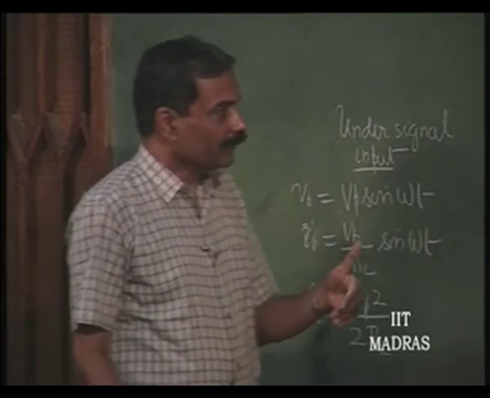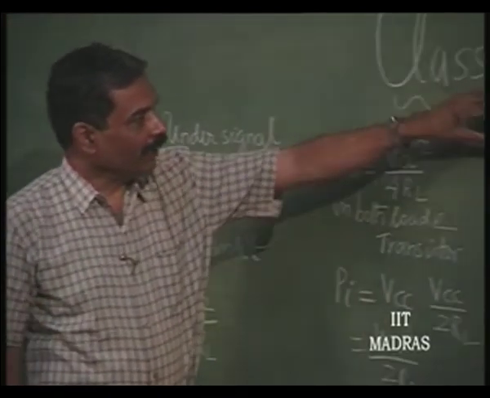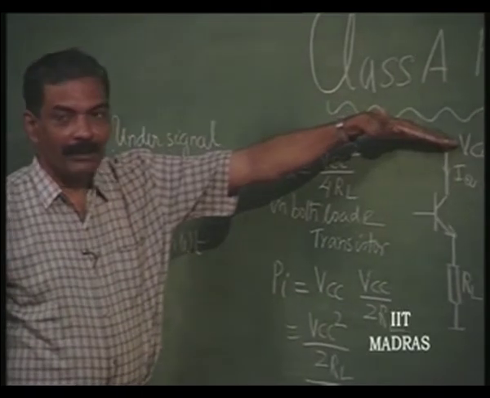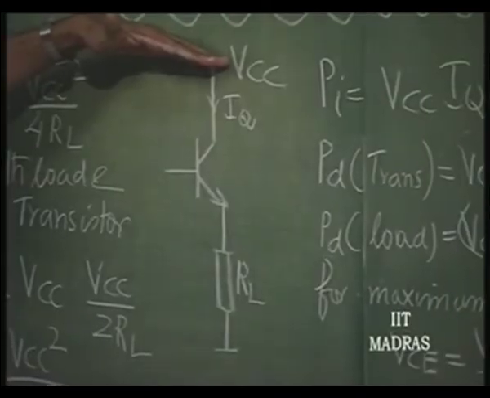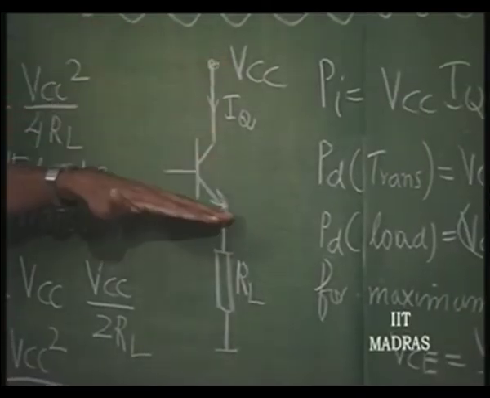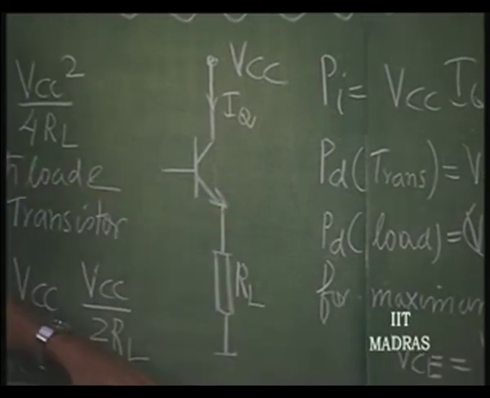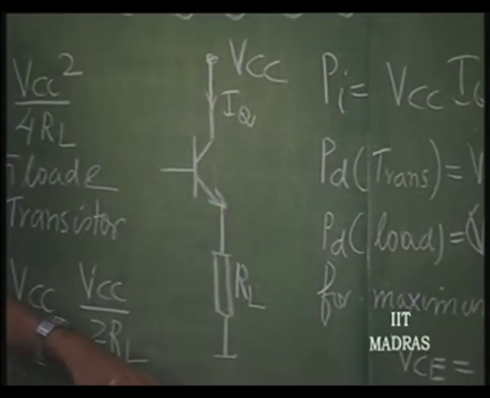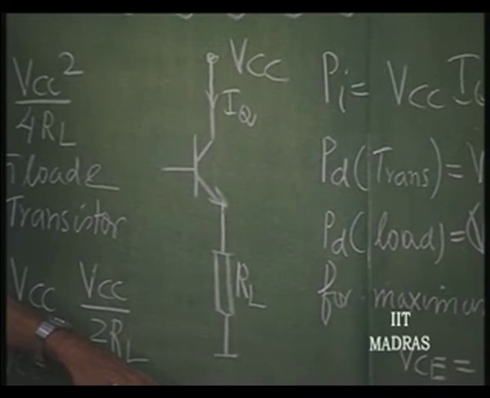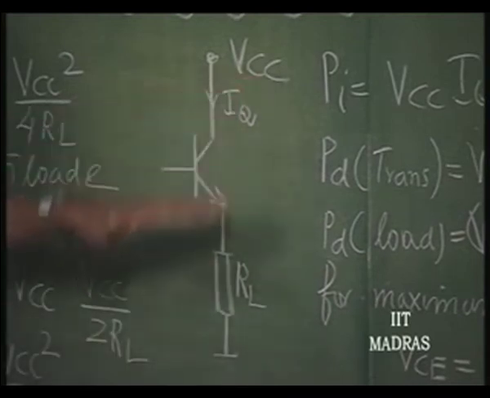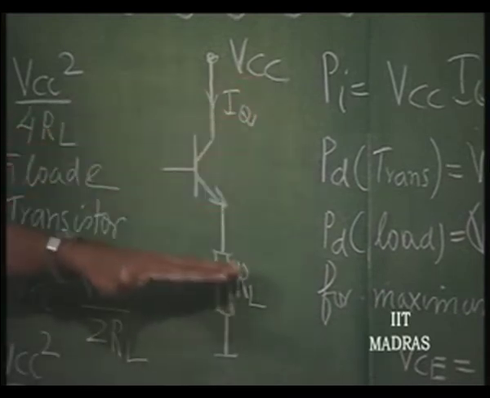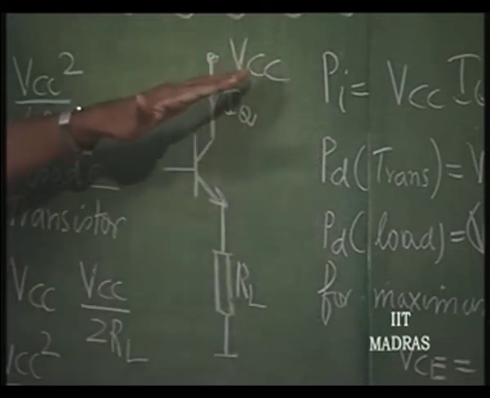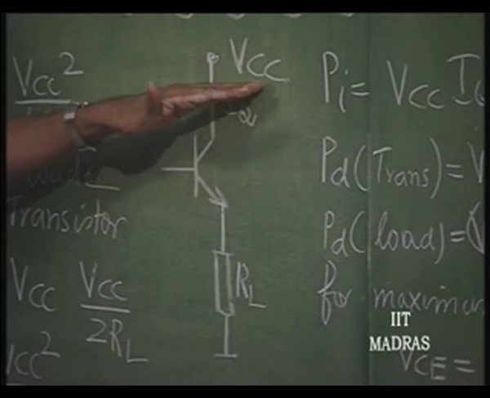So, let us say we have an input power equal to 100 watts. Initially 50 watts will be dissipated by the transistor and 50 watts by the load, and the maximum signal output power you can get when you have 100 watts is 25 watts. At that time 75 watts is still dissipated in the circuit and goes waste.